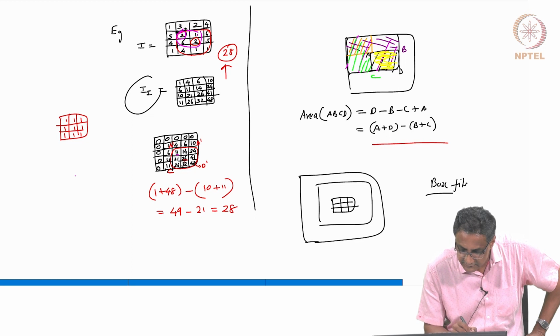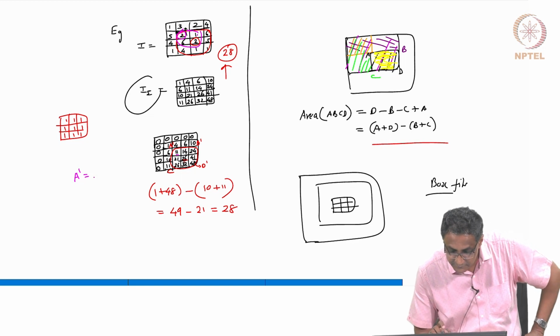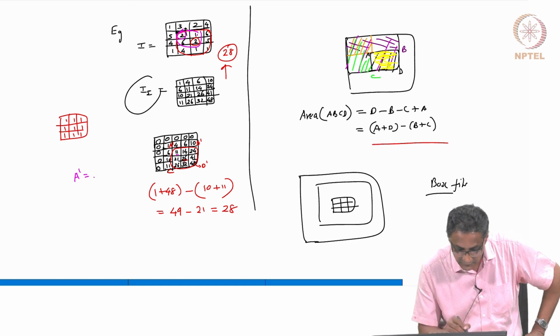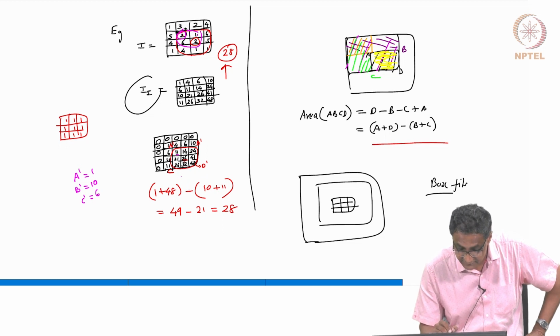So, what will be your A dash? A dash remains as 1. A dash is 1, and then B dash will be 10, C dash will be 6, and then D dash will be 26. Sorry, D dash is 26.